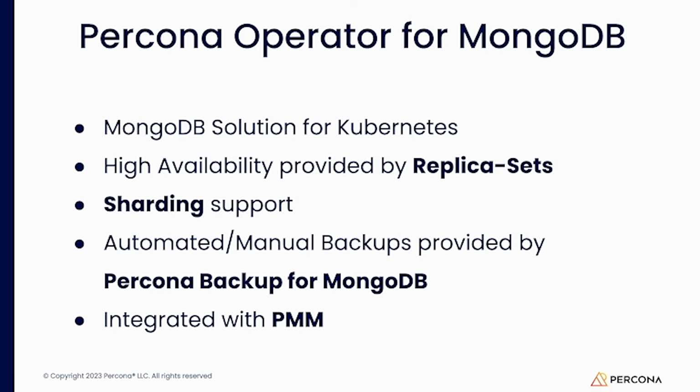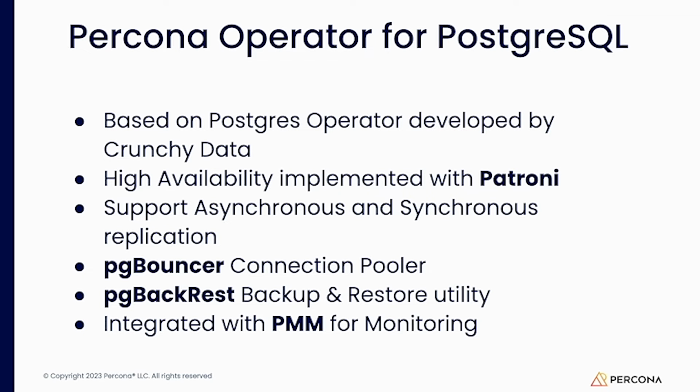And then we have the Percona operator for MongoDB, which is a MongoDB solution for Kubernetes. HA is provided by replica sets. It has sharding support, automated and manual backups provided by the Percona Backup for MongoDB tool, and it's integrated with PMM as well. And lastly, we have the Percona operator for PostgreSQL.